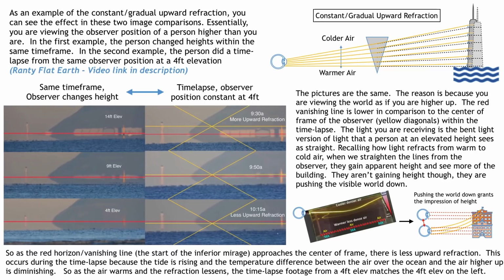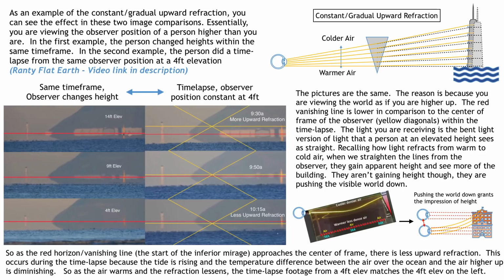And the reason I say that is because the red line, which represents that inversion point of that inferior mirage, is much lower than the horizontal yellow line in that 9:30 a.m. photo, and then it gets a little bit higher and a little bit higher. And that yellow horizontal line represents essentially very close to the person's eye line, in this case the camera's center of frame.